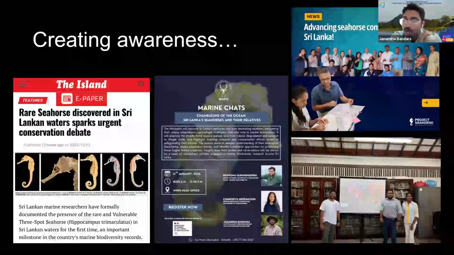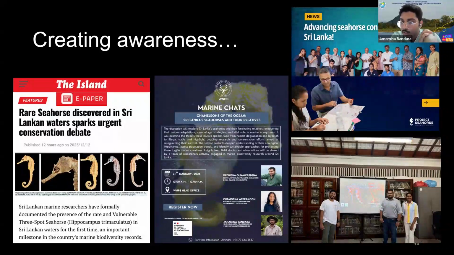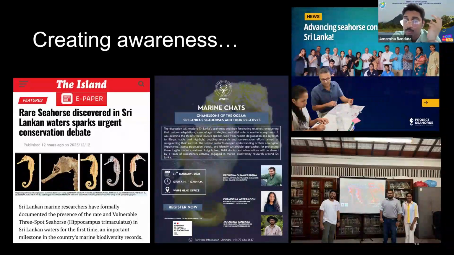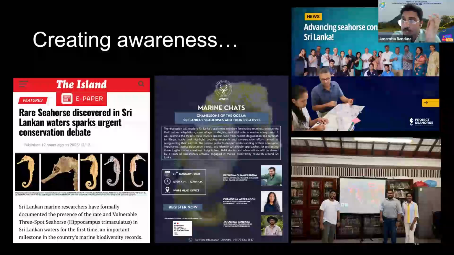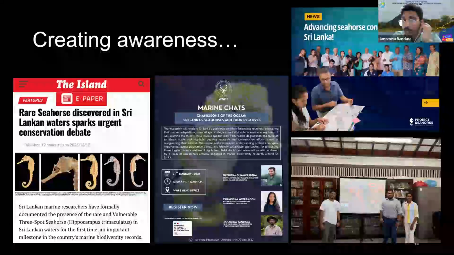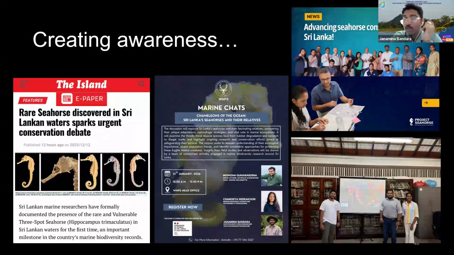For example, we had a meeting with the IUCN specialist group on freshwater fishes, and this seahorse group. One of our objectives was to develop a project on these freshwater pipefishes, which I'm really interested in, and we are currently working on.